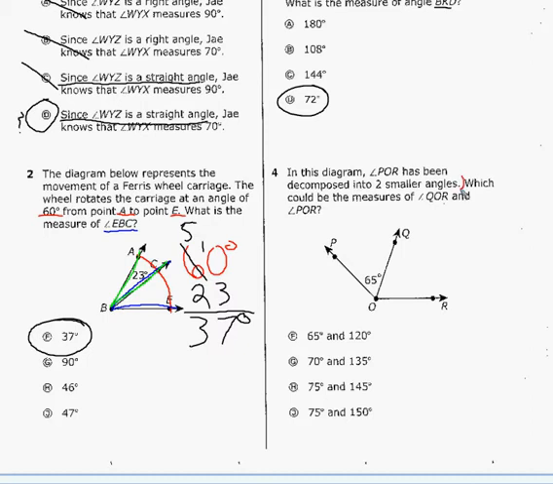Box in our question. So first we're trying to figure out the angle of QOR. That's one of our angles. So angle QOR, and angle POR.